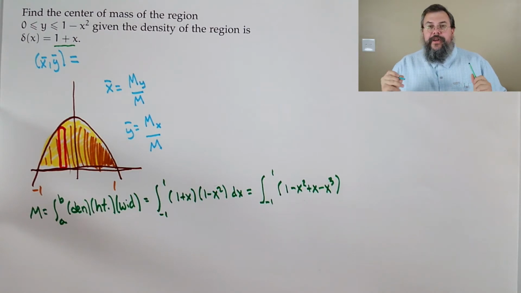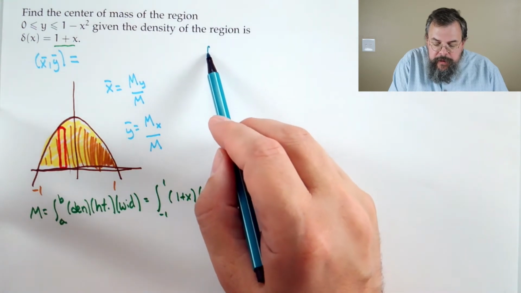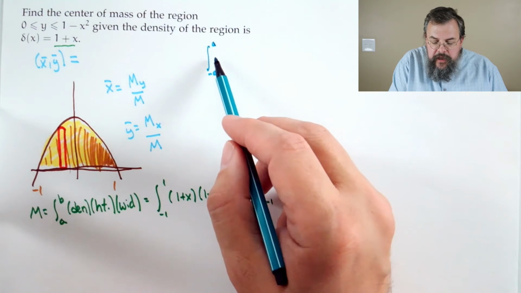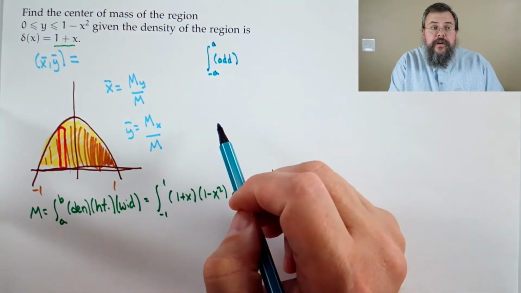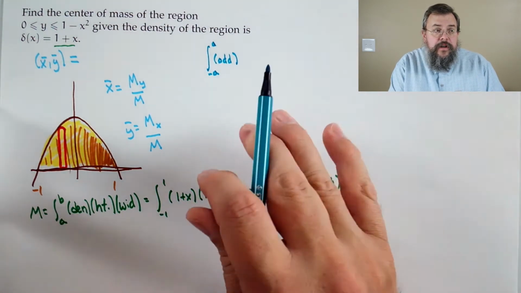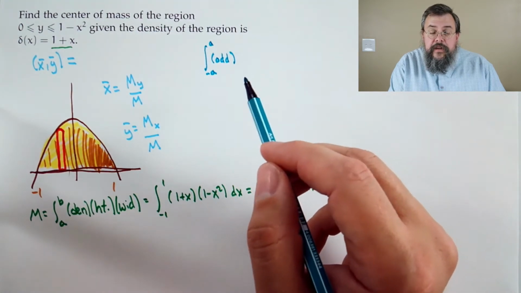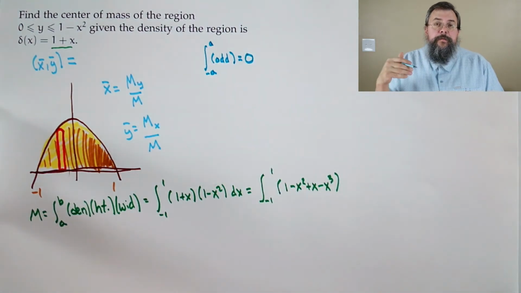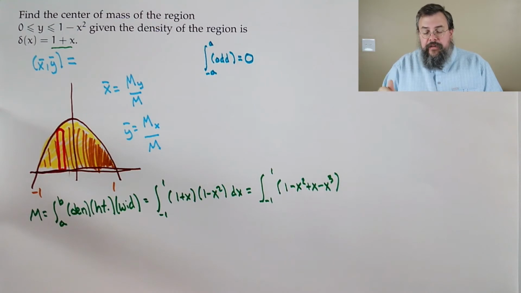If you're integrating from negative a to positive a, any odd function, like sine x or x, all cancels out.